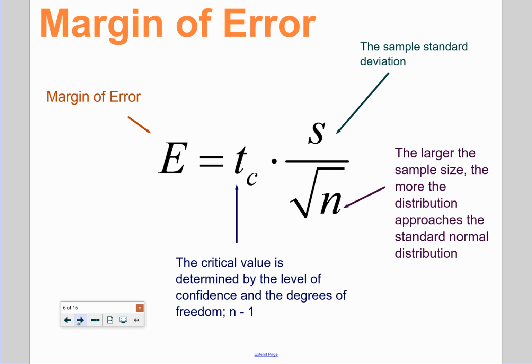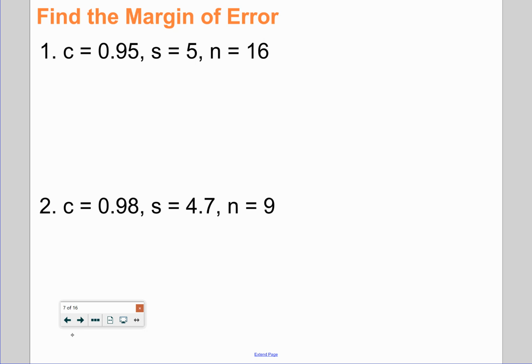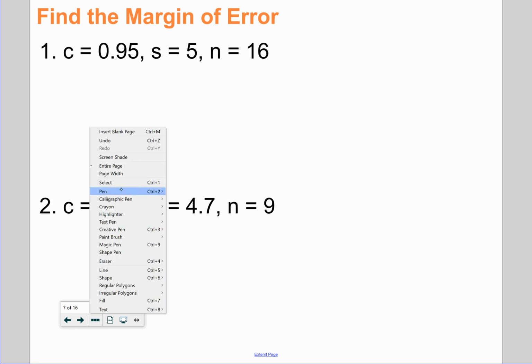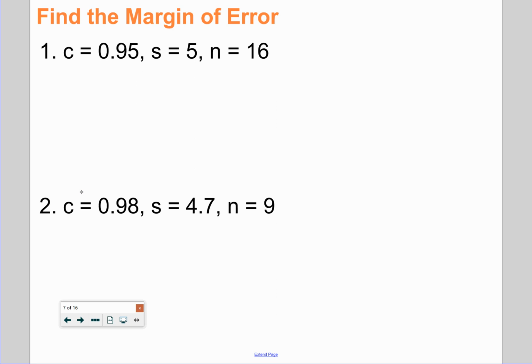All right, so things we could do with this. Let's find the margin of error first. We'll practice that. Before you can find the margin of error, you need the critical value of t. Before you find the critical value of t, you need the degrees of freedom. That's always going to be our first step. So degrees of freedom is n minus 1.